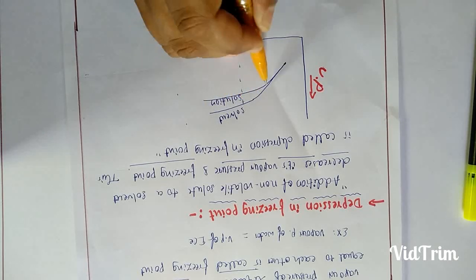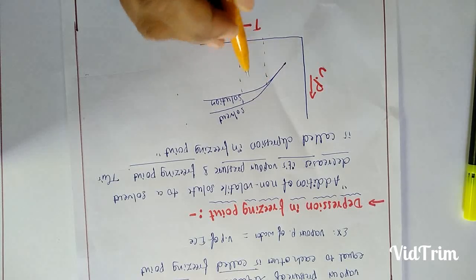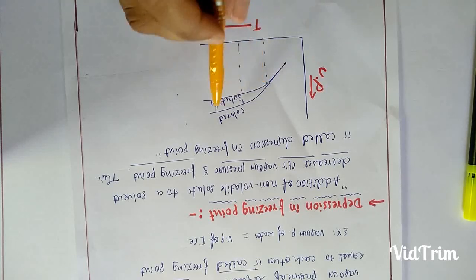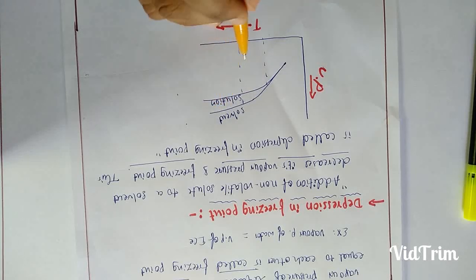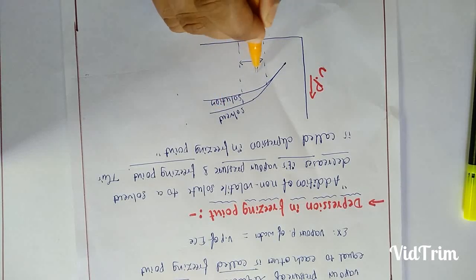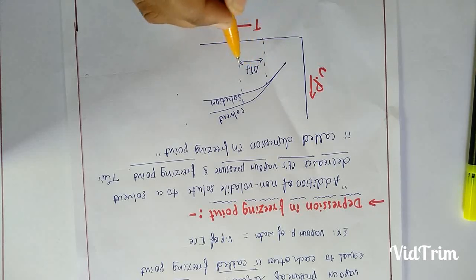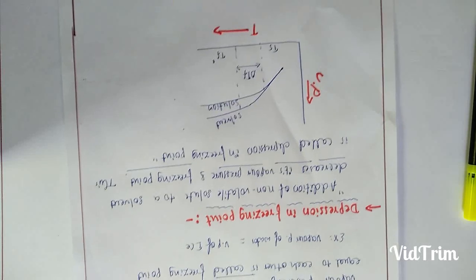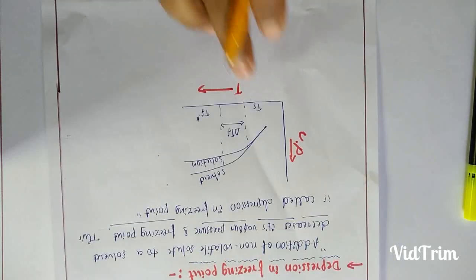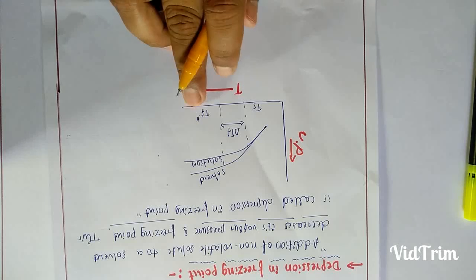And the difference between the curves of the solvent and the solution is called delta TF. Delta TF means depression in freezing point, and this is TS and this is TF naught.